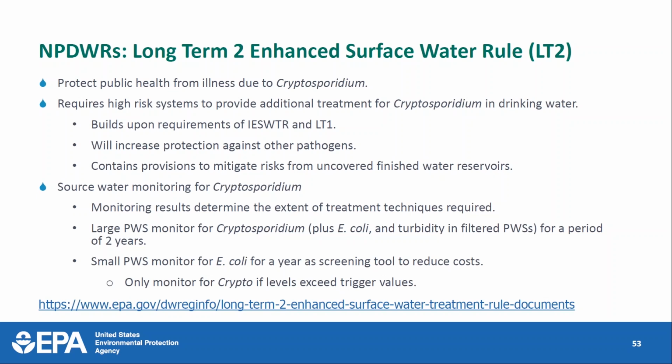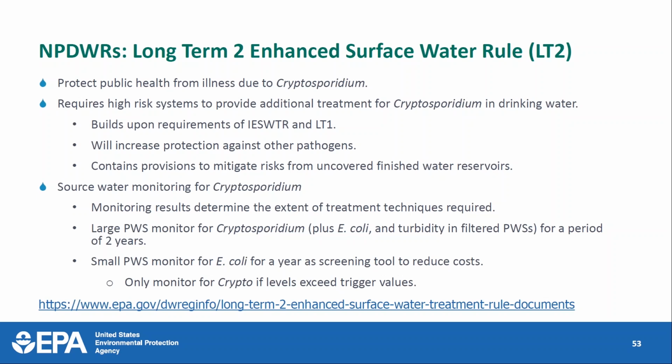Okay, LT2 is the next rule I'm going to talk about. This is sometimes referred to as the crypto rule. This rule is in that suite, as I mentioned, and this is a rule designed to provide high-risk systems additional treatment for cryptosporidium. So it builds upon, as I mentioned, the requirements from the interim enhanced and LT1 rules.